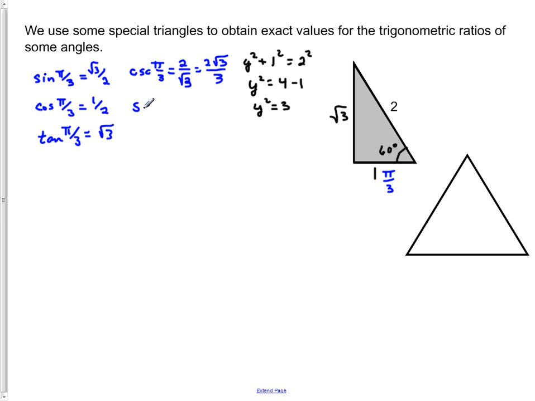For the secant of the angle pi over 3, we recognize that to be the hypotenuse over the adjacent side, which is just plain old 2, or 2 over 1. And the cotangent of pi over 3 is the adjacent over the opposite side, 1 over the square root of 3, which rationalizes as square root of 3 over 3.